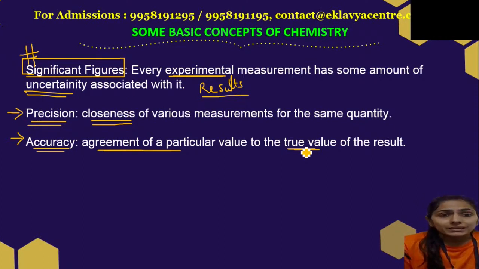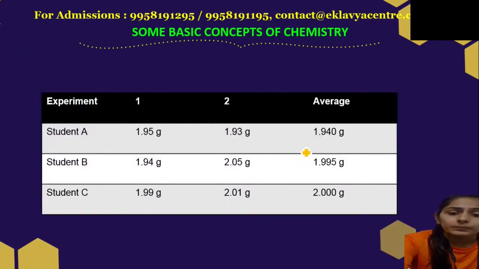If you know the amount which you have taken initially, and after performing the experiments you are able to obtain a similar amount, then only you can say that your results are accurate. And precise means whenever you perform different experiments, the results which you obtain should be close to each other.